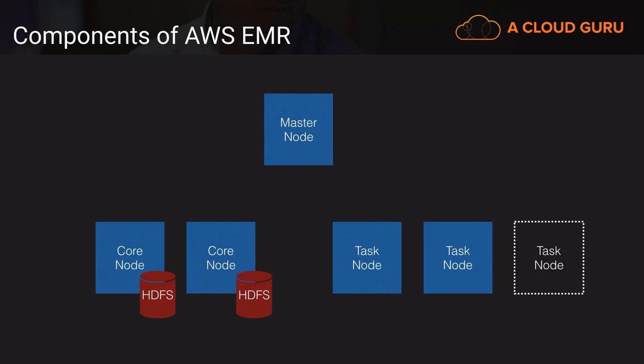We have a master node, and then we have some core nodes, and those core nodes have the HDFS storage, so they can persistently store your data. And then you also can have these task nodes. Think of these task nodes as just worker nodes. Their storage is ephemeral, so you can't store anything on them, but they're just there to work on the steps. And this is how you can scale out EMR to process many, many terabytes of data very fast.